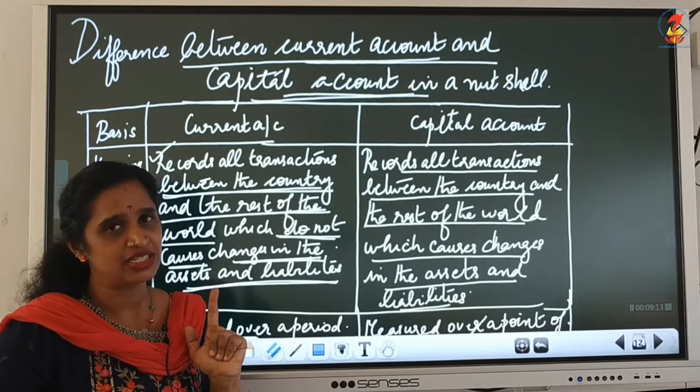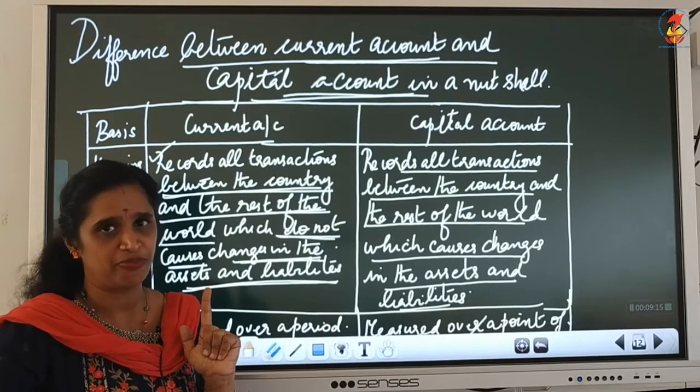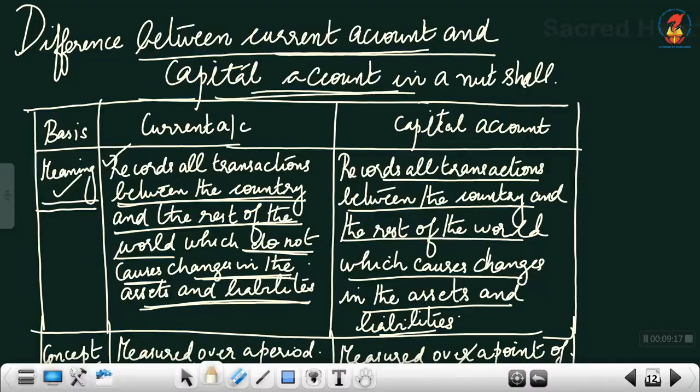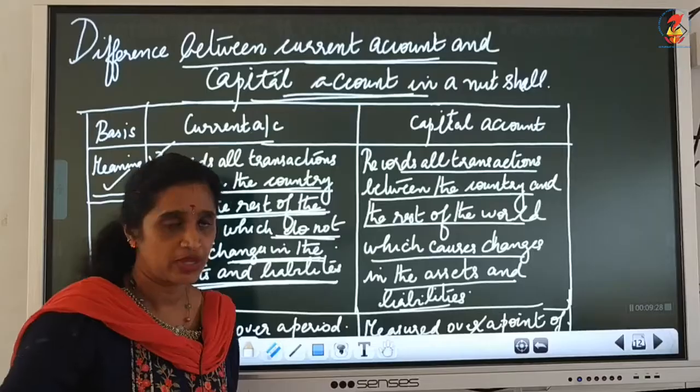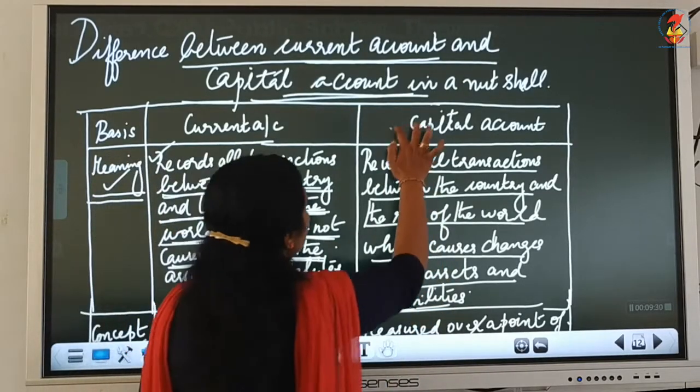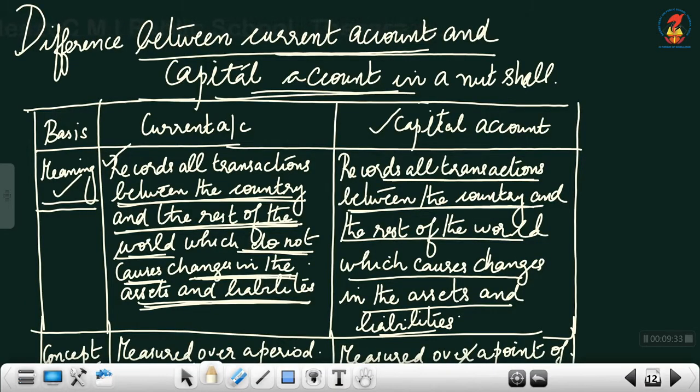That is why the first difference on the basis of meaning is written here as: records all transactions between the country and the rest of the world which do not cause any change in the assets and liabilities. Whereas capital account records all transactions between the country and the rest of the world which cause change in the assets and liabilities.